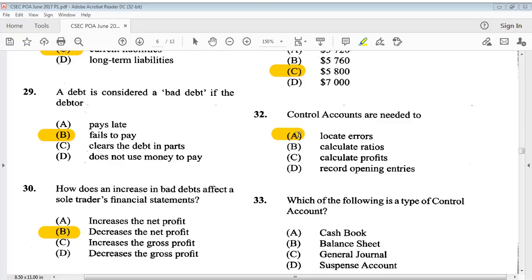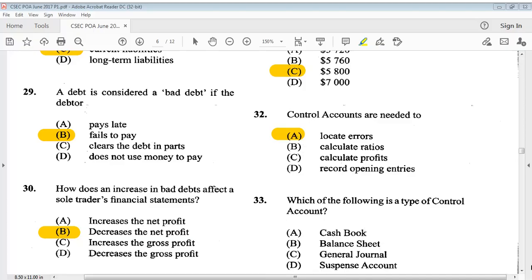Another use of the control account is that it is used to help prevent fraud by bookkeepers. So those are some uses that the control account is being used for. It also is used to help prove that the entries in the individual accounts and their final balances are correct. So those were some of the uses, just a way of reminder of why the control accounts are needed.